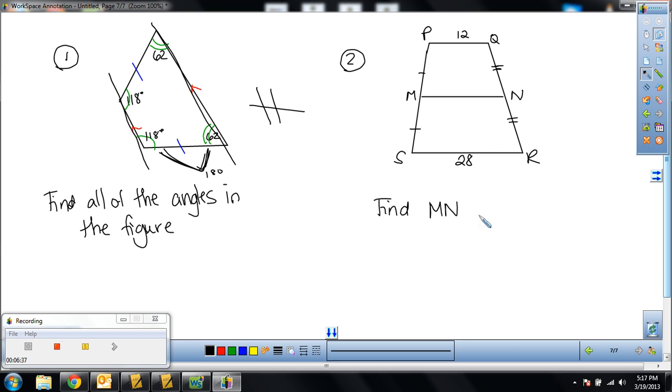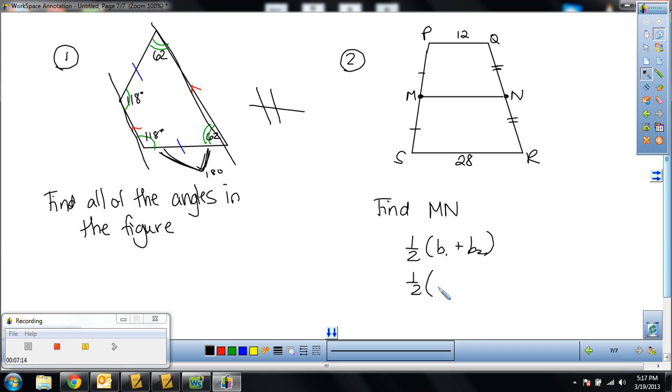Then last, they want us to find MN, which is the length of the midsegment. We know it's a midsegment because there are tick marks on either side of the trapezoid indicating that M is the midpoint and N is the midpoint. So we just need to apply our midsegment formula, which is 1/2 of base 1 plus base 2. And it really doesn't matter which one we're calling base 1 and base 2.